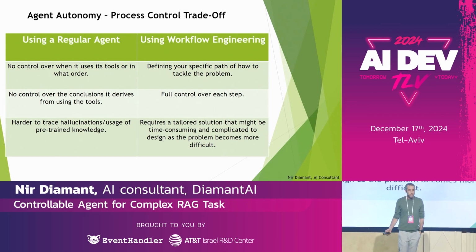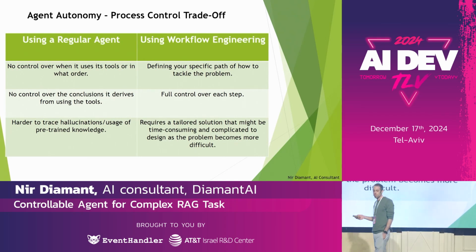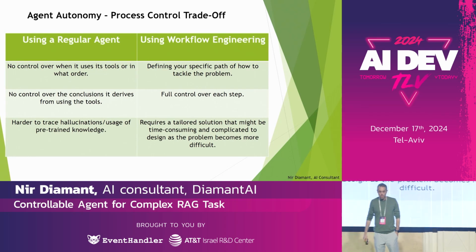Using a regular agent, we have no control over when it uses its tools or in what order. We have no control over the conclusions it derives from using the tools, and it's very hard to trace hallucinations that happen during the agent's process.